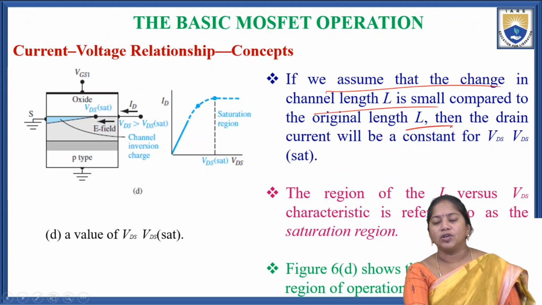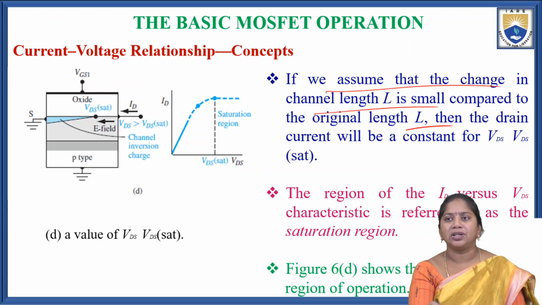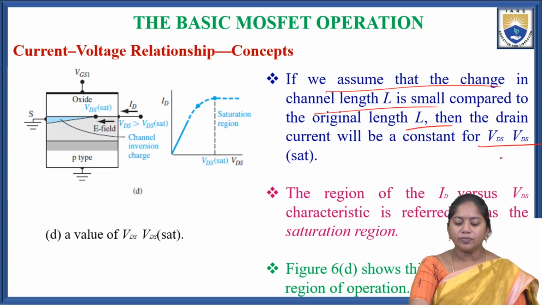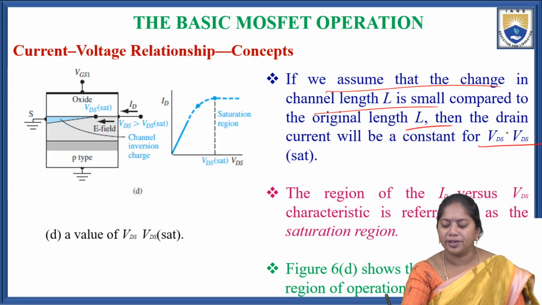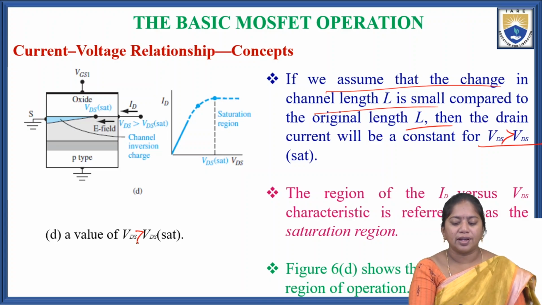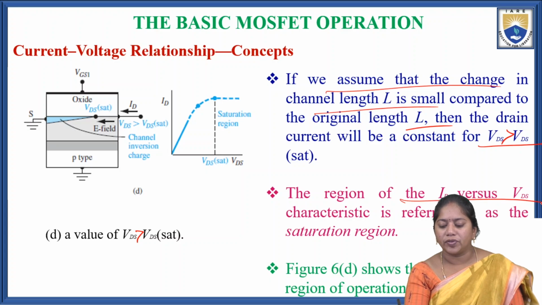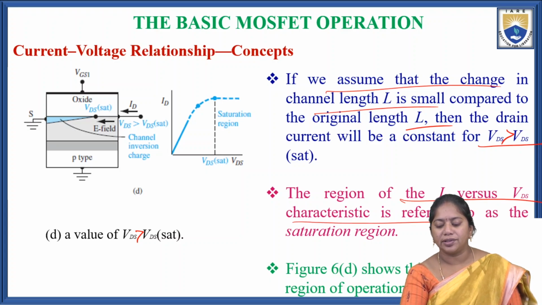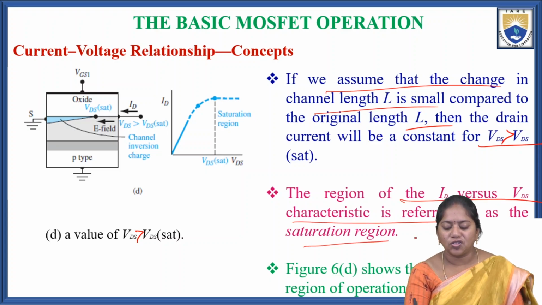So original length is L. If delta L is small compared to the original length, then the drain current will be constant for VDS greater than VDS saturation. This region of the ID versus VDS characteristics is referred to as the saturation region.